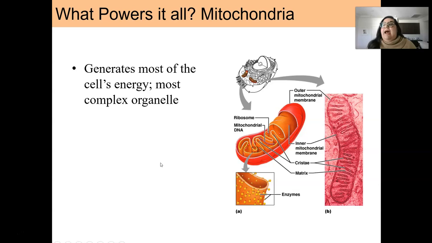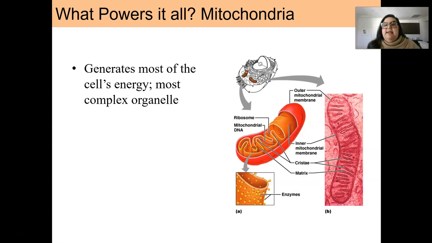But then what powers all of this movement? We were moving from the nucleus to the ER, to the Golgi, to the membrane. We have to have energy to power this whole system. And the power comes from the mitochondria. The mitochondria generates most of the cell's energy, and it's the most complex organelle.